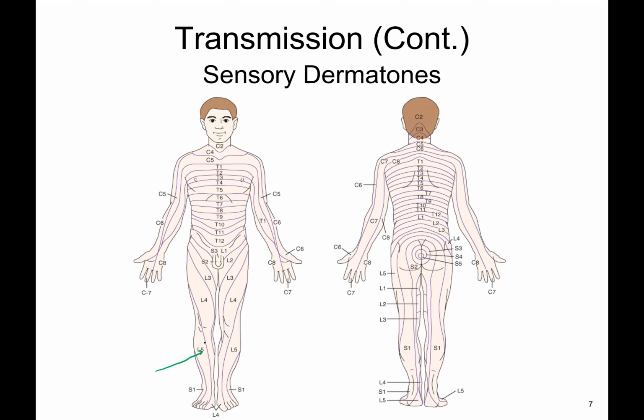Let's say you get kicked in the shin. L5 is going to be the area at the level of the cord that helps that incoming transmission, and then it goes up to the brain. If someone punched you in the arm, that would be the area it goes in and goes up to the appropriate part of the brain, and so on.